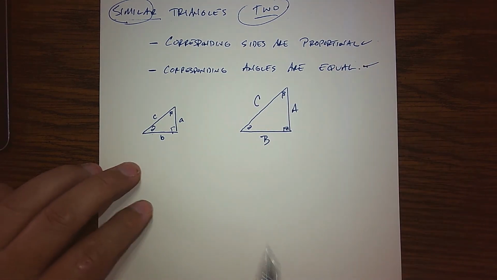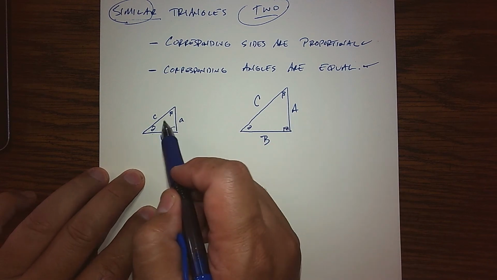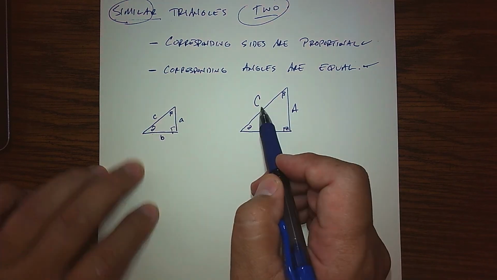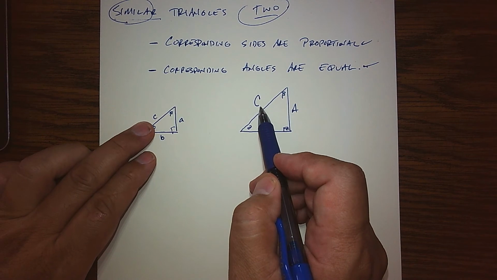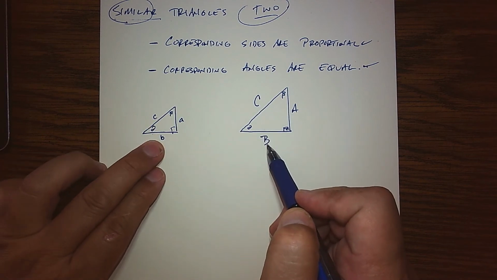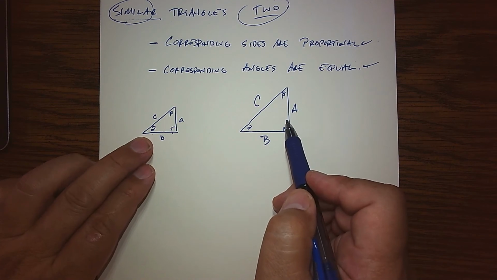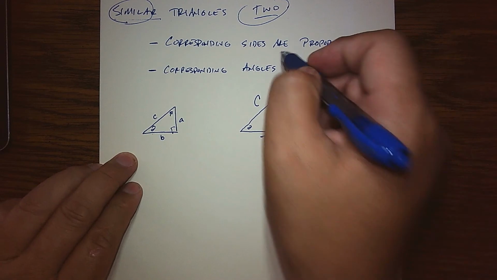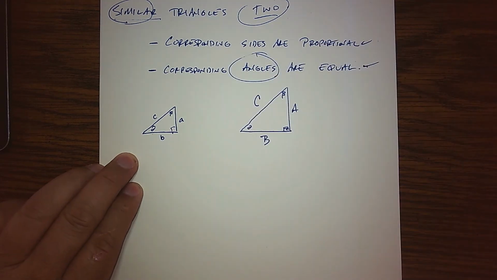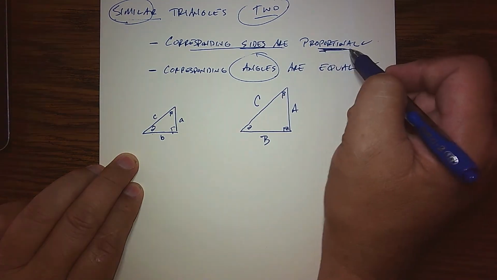And so because this triangle is a little bit bigger, these sides are actually going to be larger than these sides, right? So obviously capital C is not equal to lowercase c, capital B is not equal to lowercase b, and etc. So a similar triangle is not saying that two triangles are the same. It's just saying that the corresponding angles are the same, but the sides are proportional, all right?